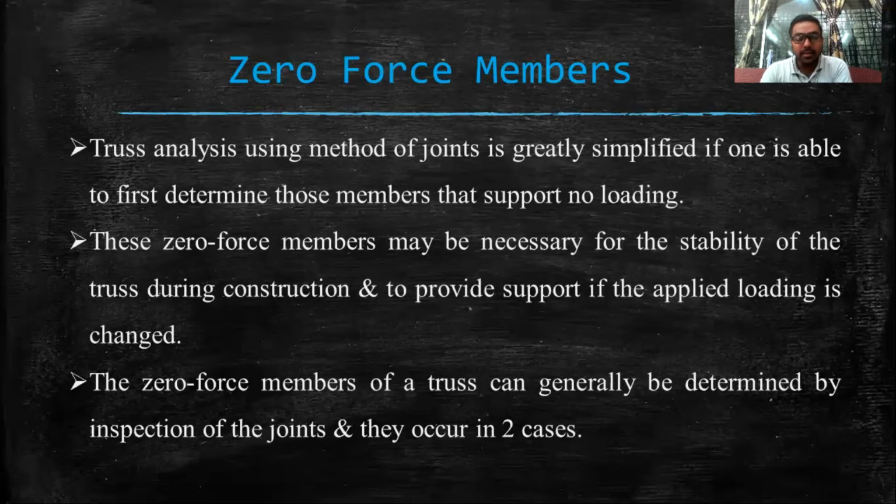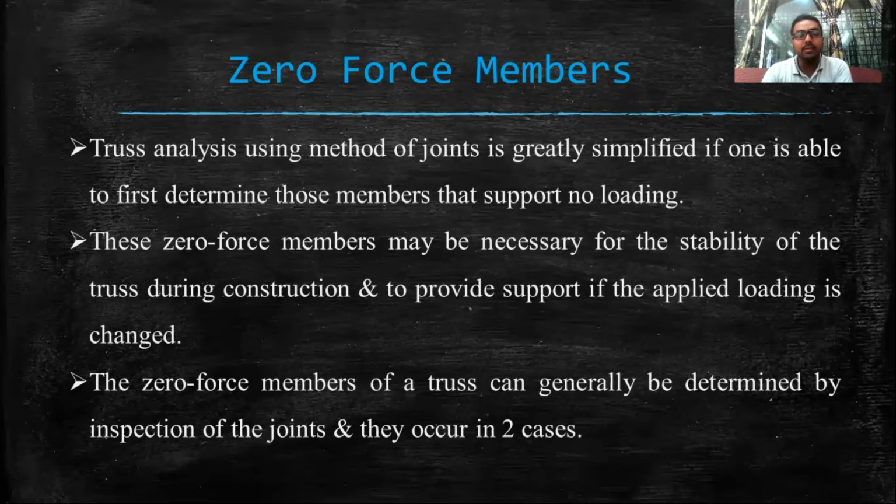Now there may be another situation. Suppose at the time of fabrication of a truss, in order to make the system stable, sometimes we provide some additional members which we remove after the casting of the complete truss. So sometimes we provide additional members which support no loads.